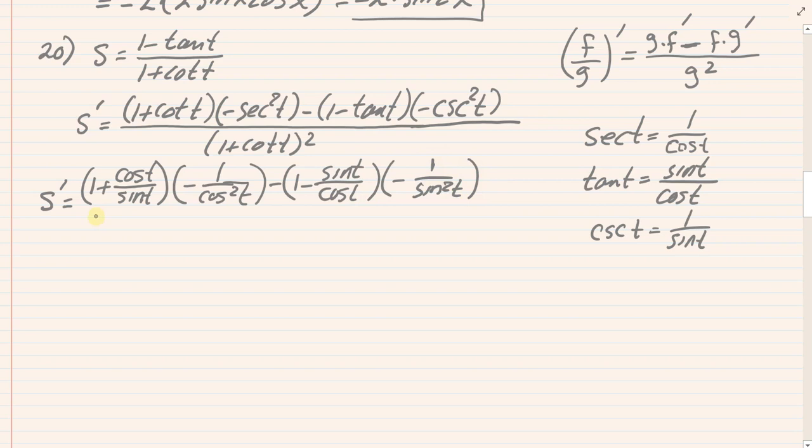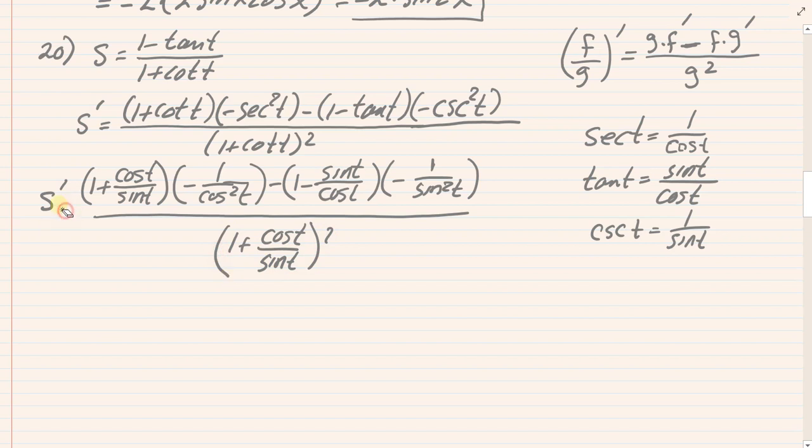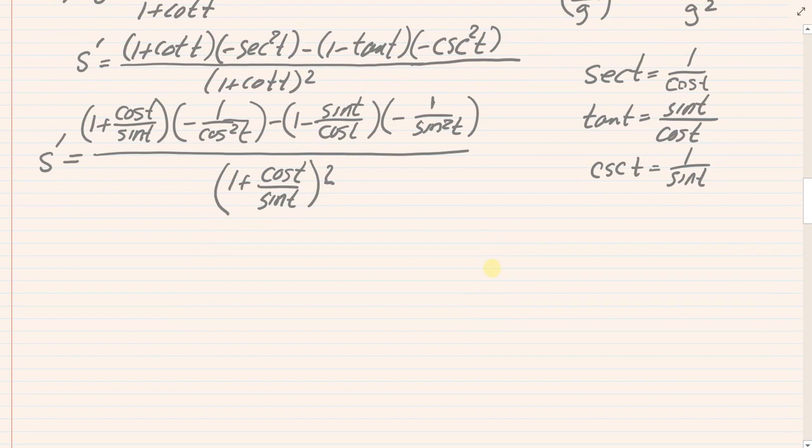Okay, that's just the numerator. And the denominator is going to be 1 plus cosine t over sine t quantity squared. Okay, and I can align my equal sign. And there you have it. Now, at this point, because you can see it's kind of messy, right?